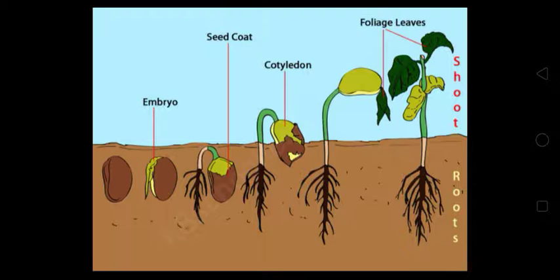Water helps to soften the seed coat and changes the food stored in the cotyledons into a soluble substance. The baby plant uses this soluble food to grow. Warmth from sunlight speeds up the growth of the baby plant, and air provides it energy to sprout. So this is all about the process of seed germination.